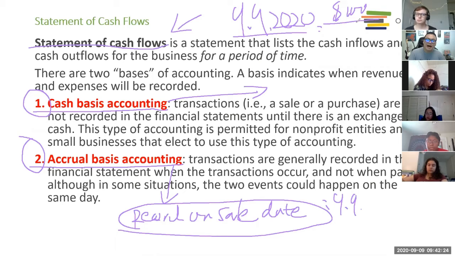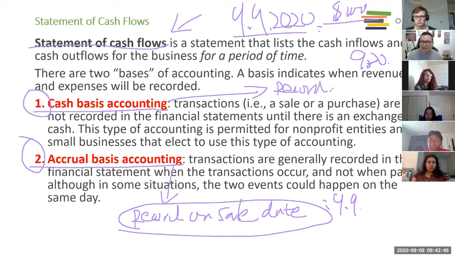Then you decide to pay your credit card at the end of this month, 9/30, which means the company will only get cash at that time. So according to cash-based accounting, they only record once they actually receive the money, on the cash received date.